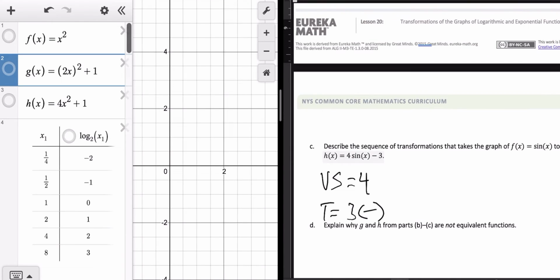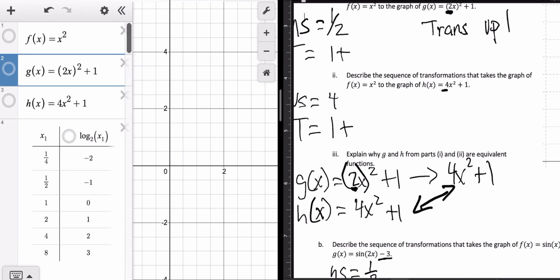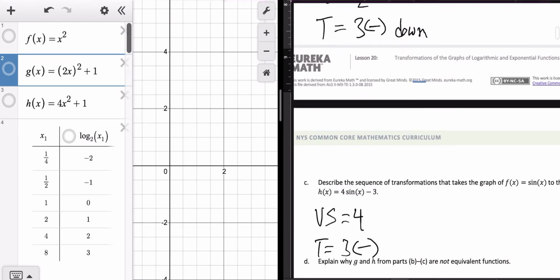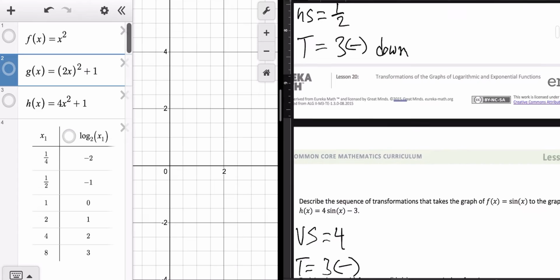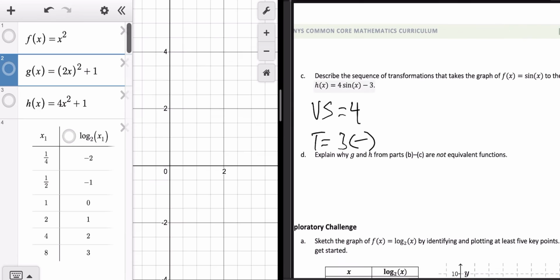It's not 2x squared, right? These are not equal. Because we had sine of 2x minus 3, and now we have 4 sine of x minus 3. Well, we know that those are not going to equal each other. So they're not the same graph. They're not even going to be the same function.